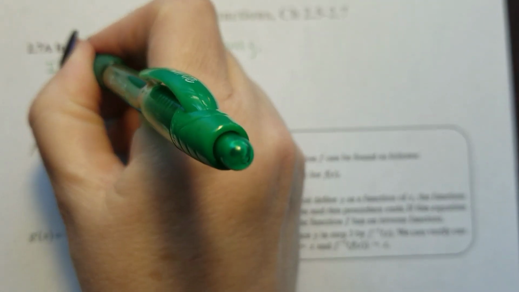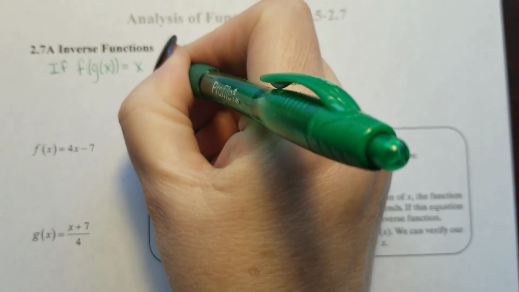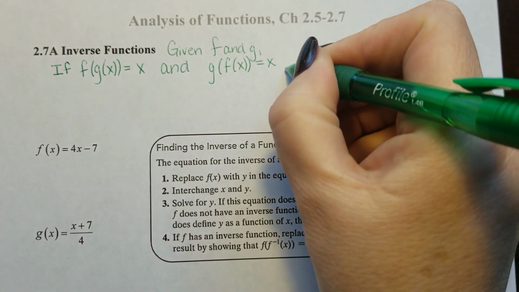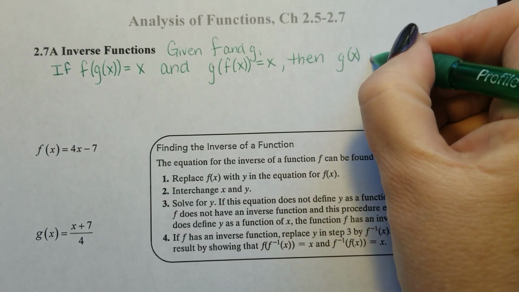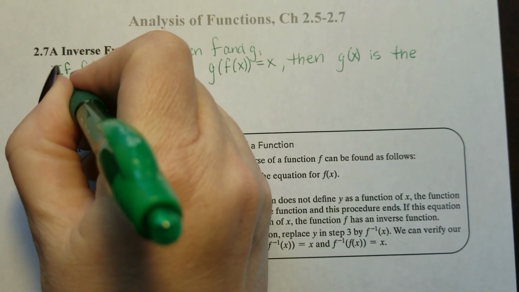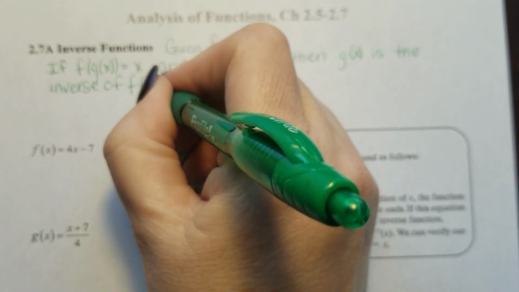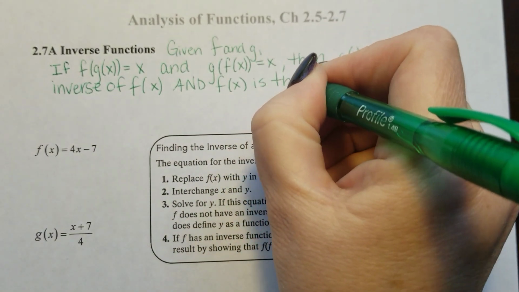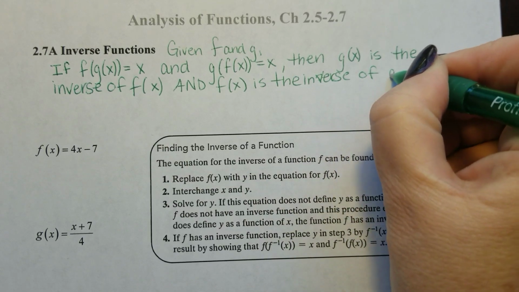If f of g of x is equal to x and g of f of x is equal to x, then we can say that g of x is the inverse of f of x, and f of x is the inverse of g of x.